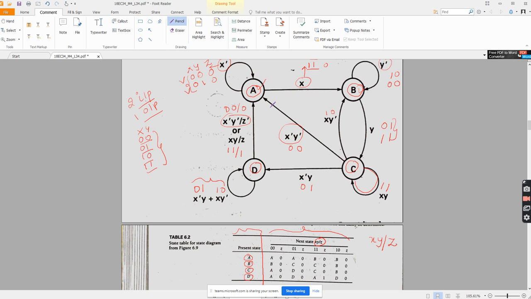You people tell me how many state variables I need for assigning a digital value for 4 states. 2. Why 2 variables? Answer is correct. Can anyone explain why 2 variables?